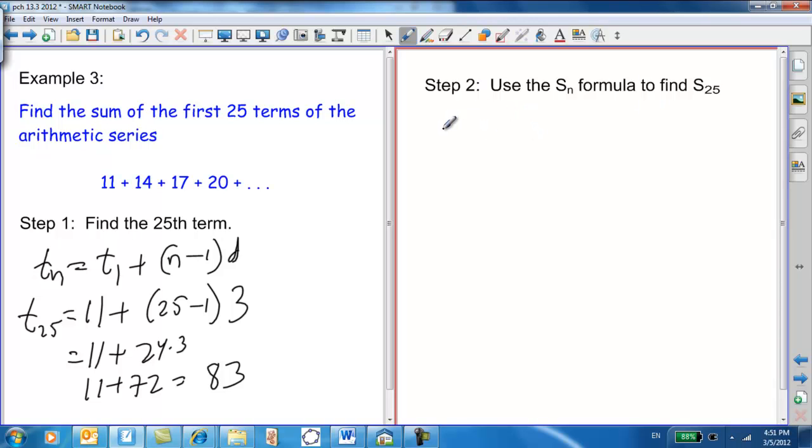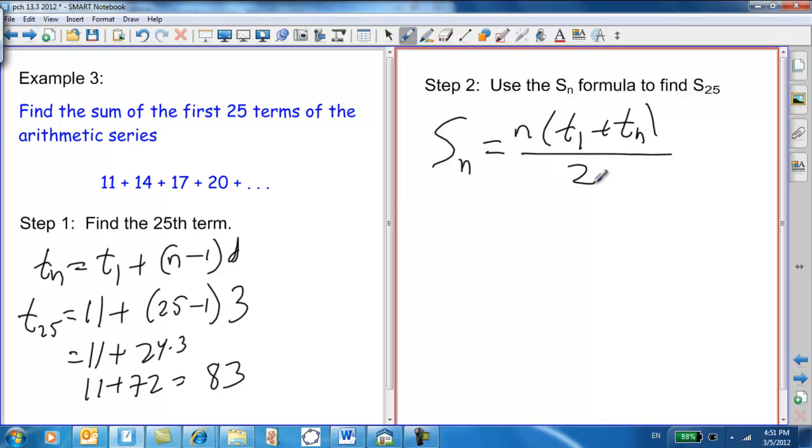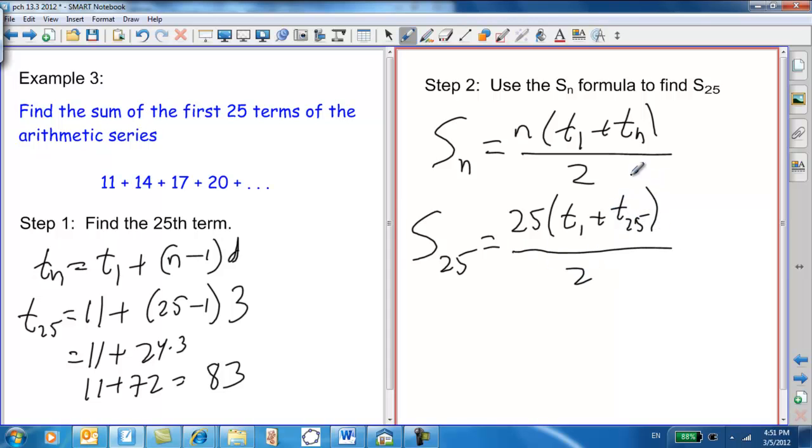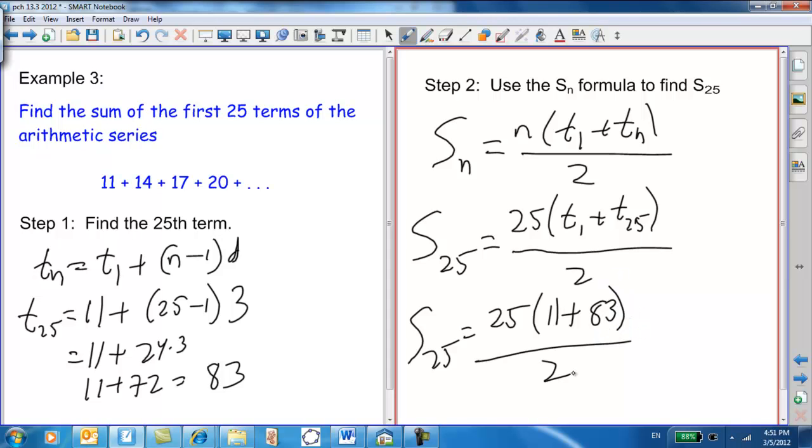Now, use the s sub n formula. Well, s sub n is n times (t sub 1 plus t sub n) all over 2. So s sub 25 is 25 times (t sub 1 plus t sub 25) all over 2. And this is the distinction I was talking about here, the difference between t sub n and n. We get 25 times (t sub 1, which is 11, plus t sub 25, which is 83) all over 2.